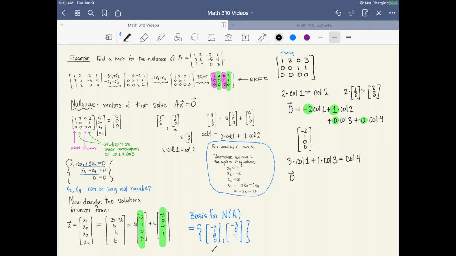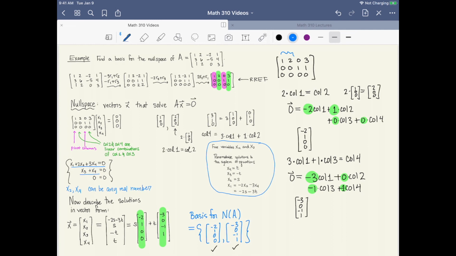The 0 vector can be written as minus 3 column 1, plus 0 times column 2, which didn't factor in there at all, minus 1 column 3, plus column 4. That's the combination that gives me the 0 vector. Now let me do the same thing. Let me take the coefficients, minus 3, 0, minus 1, and there's a 1 here. So let me write in that 1 times column 4. And let me transcribe that into a vector, minus 3, 0, minus 1, 1. And that's this vector right here, the other basis vector.